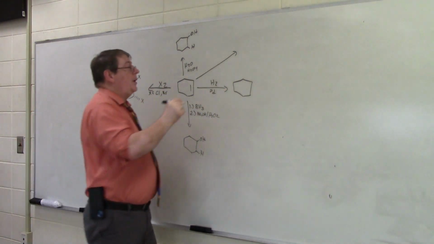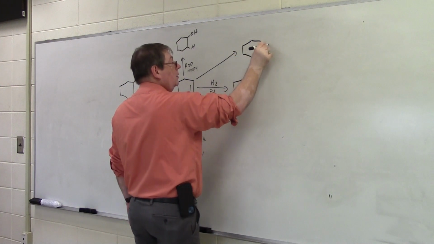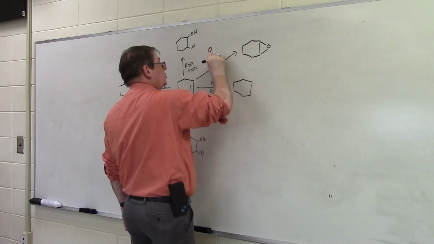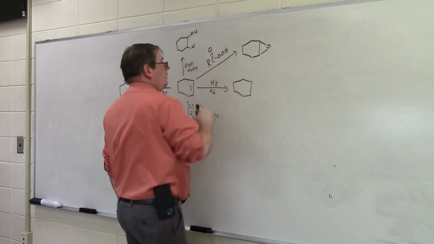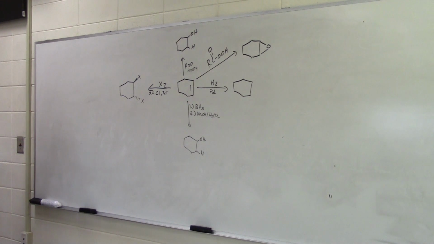Epoxide. Yeah, it made an epoxide for us, right? And we need a peroxy acid of some sort to do that, right? So we learned that we can add a single oxygen atom across the carbon-carbon double bond. That's kind of cool. Right? So we learned all of these different things that we can do to an alkene.